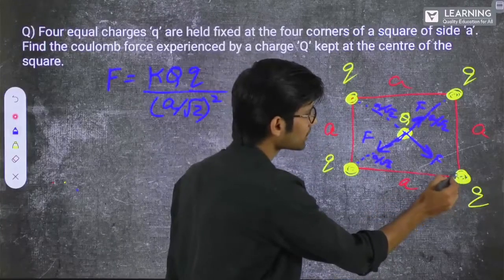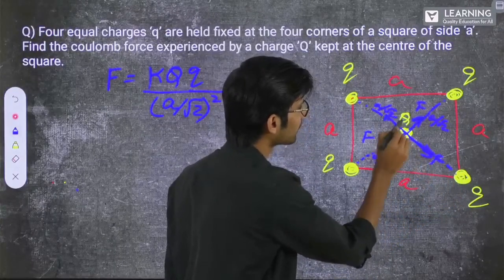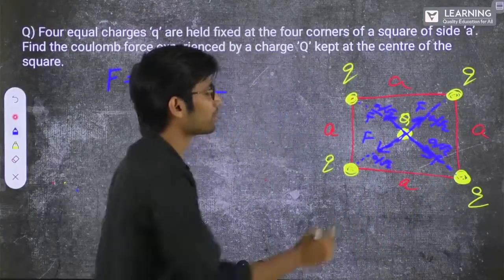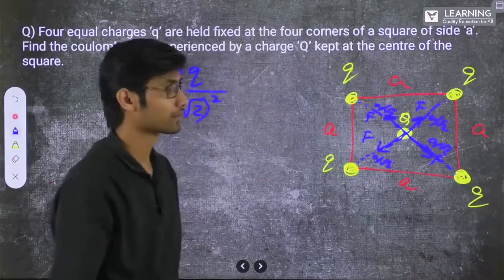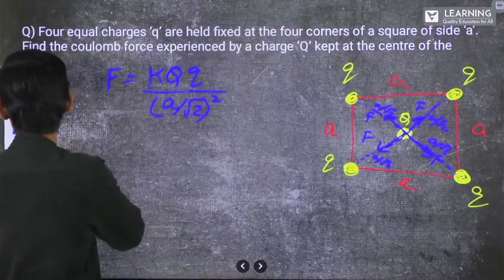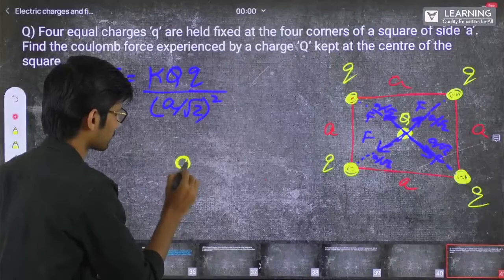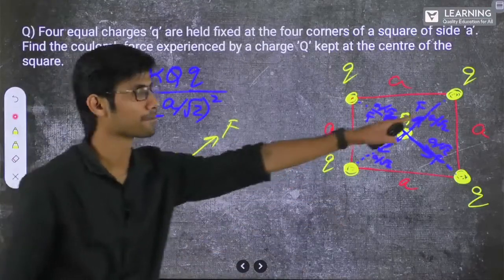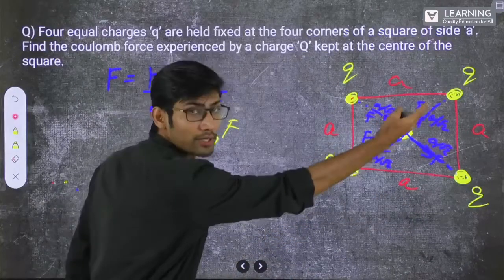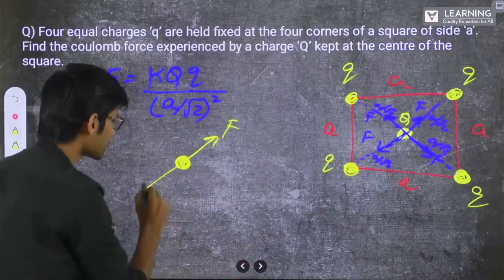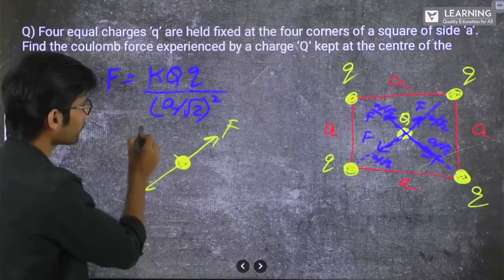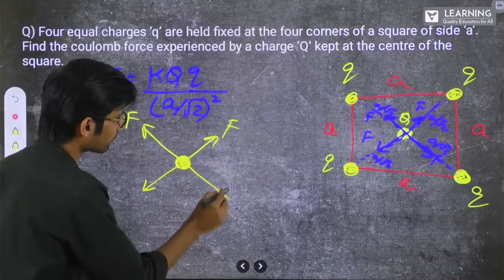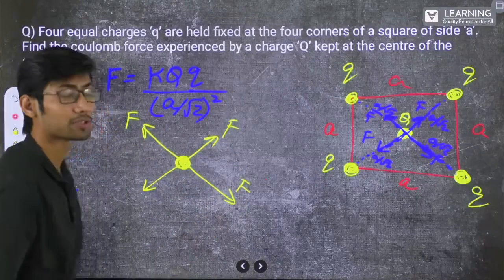And due to this charge, along this line, it will also be F. Now there is one charge at the center which has one force like this, and along the same diagonal there is another force in the opposite direction.